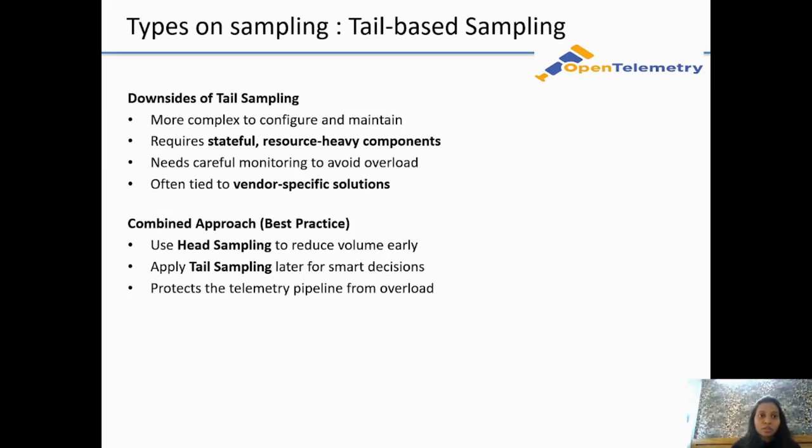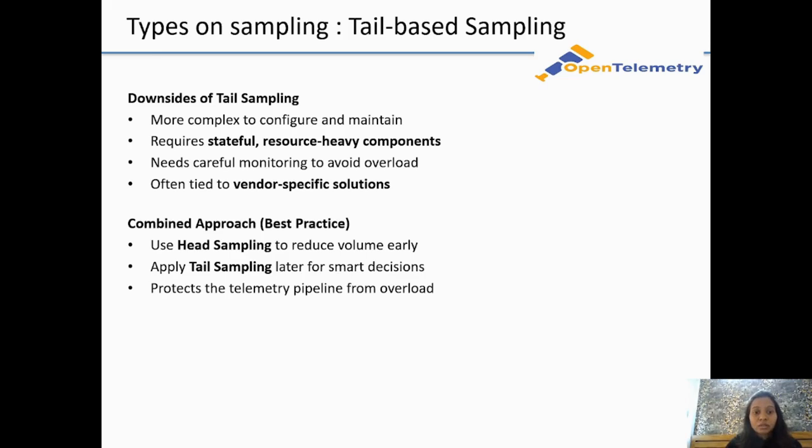The downsides are that it is more complex to configure, it requires stateful and resource-heavy components, it needs careful monitoring to avoid overload, and it is often tied to vendor-specific solutions.